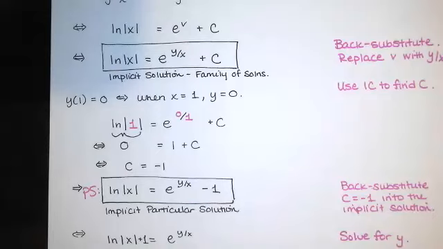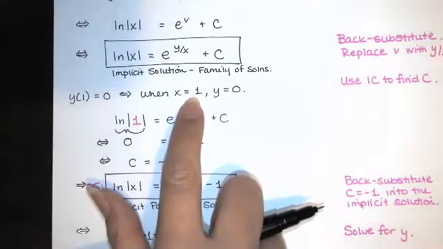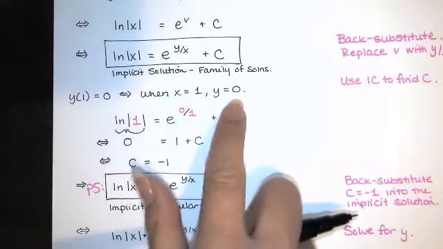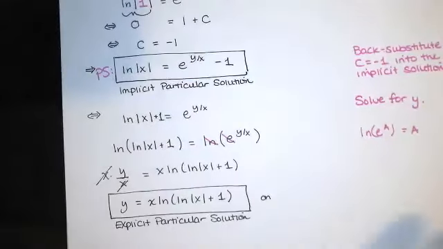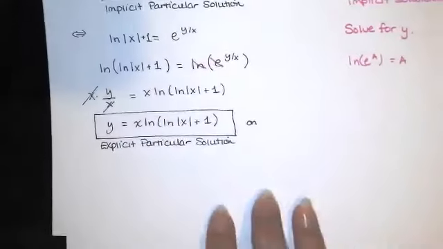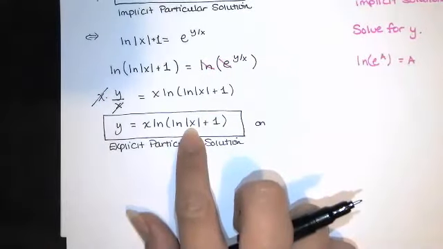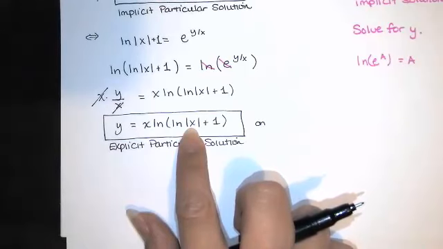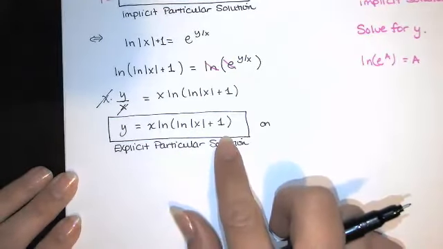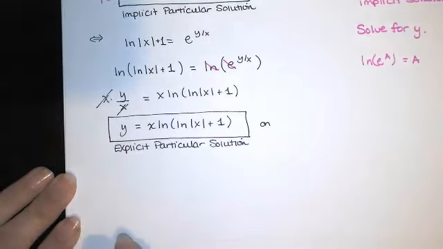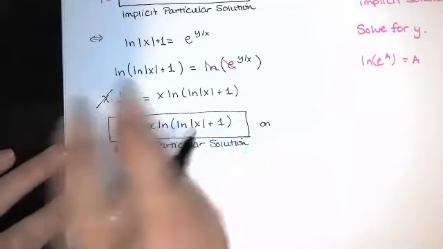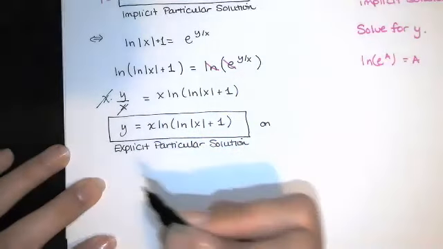Whatever interval we choose has to include x equals 1, because the solution curve has to go through the point x equals 1, y equals 0 if I were to graph it. So I want the largest interval for which this function is defined, for which the point x equals 1, y equals 0 is part of the graph of this function.